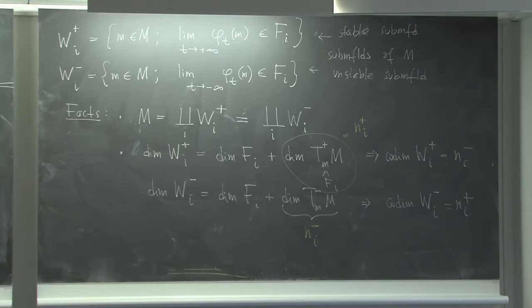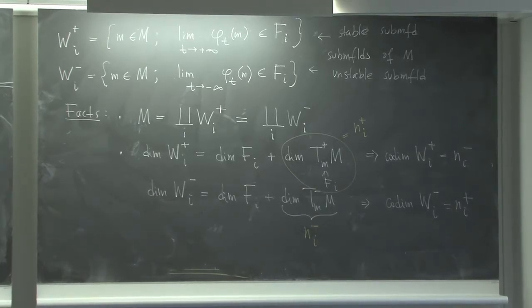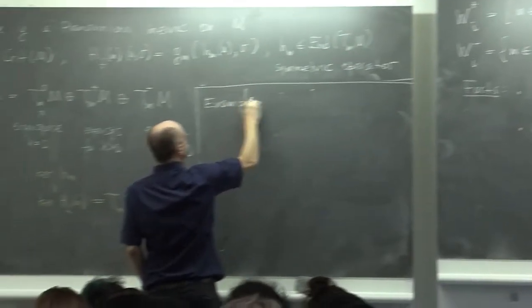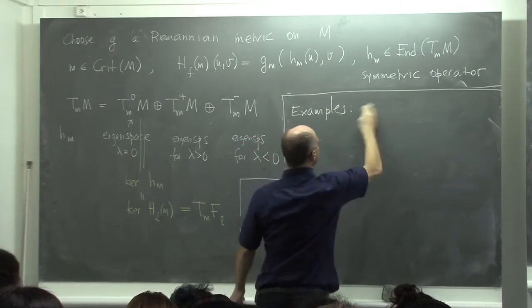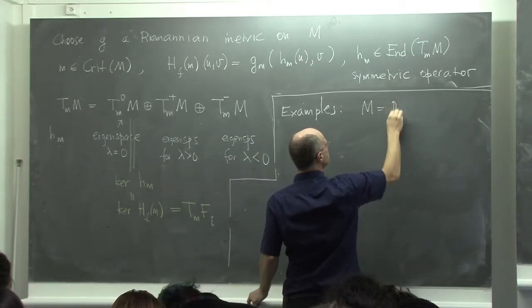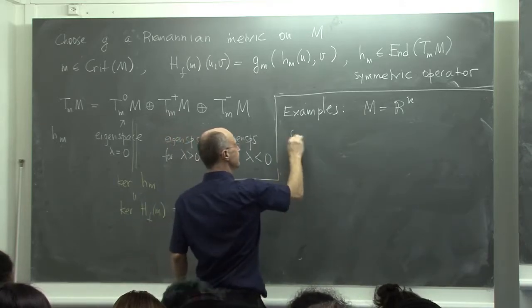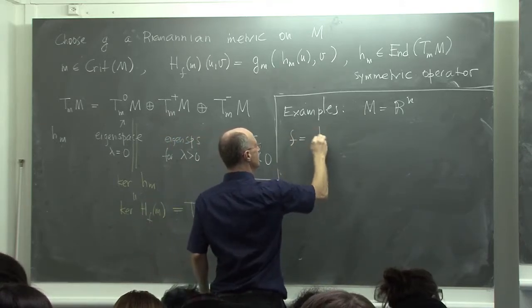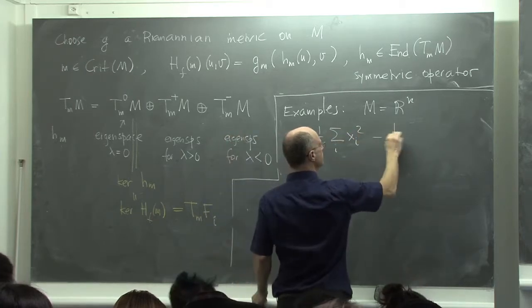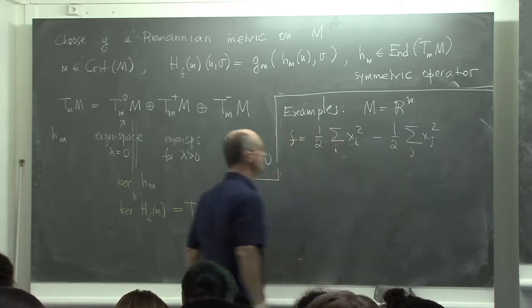So let's look at our simplest example. So our simplest example was this local model on R^n, right? So the function was one half sum over i of x_i squared minus one half sum over j of x_j squared.